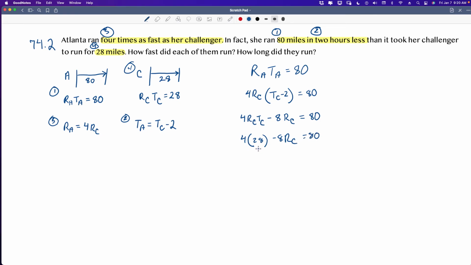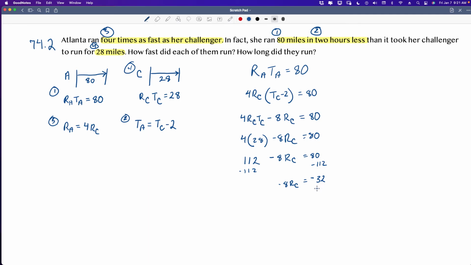4 times 28, that's going to be 4, carry the, no, that's not 4, it's 2. Hello, 4 times 8 is 32. So 2, carry the 3, that's going to be 112. Minus 8RC. I'm going to subtract that from both sides. So negative 8RC is equal to negative 32.